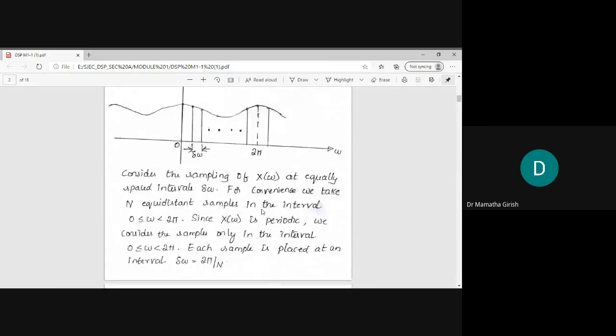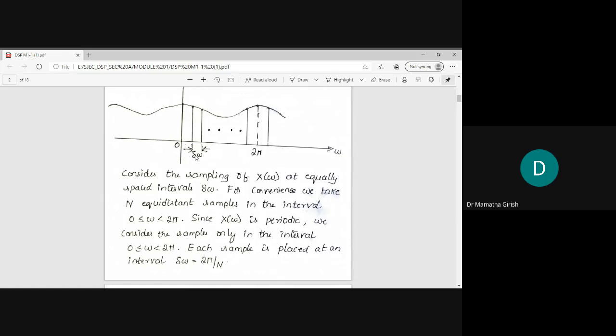Now, as I said earlier, what exactly are we doing here? We are trying to obtain the samples of the spectrum X of omega. So now we have to decide upon the sampling interval. That is why I assume that X of omega is sampled at equally spaced intervals delta omega.